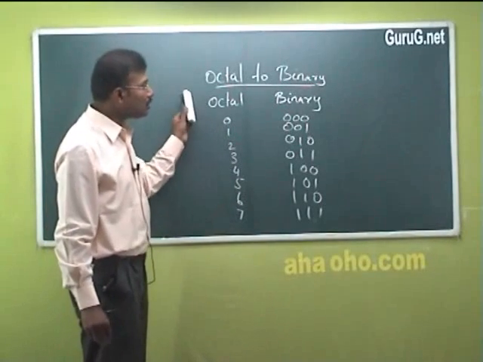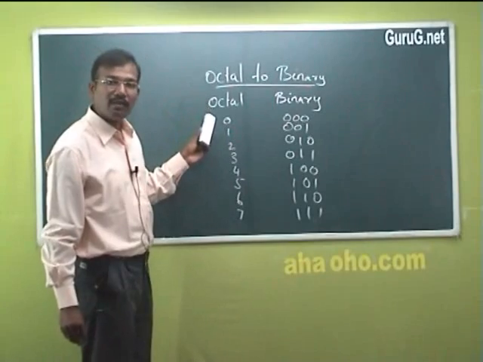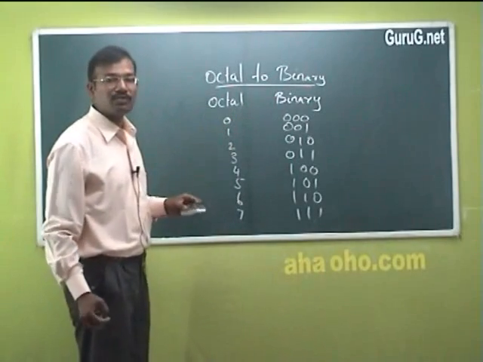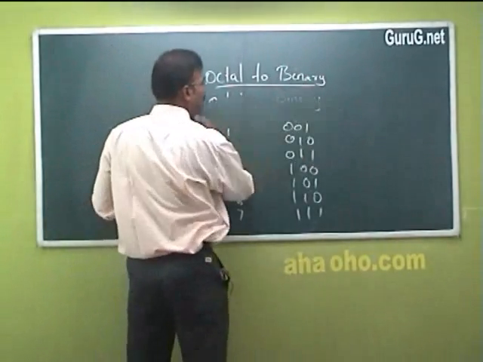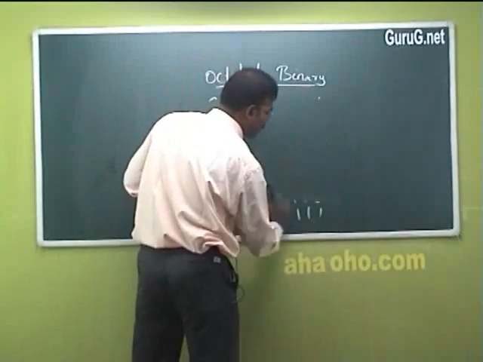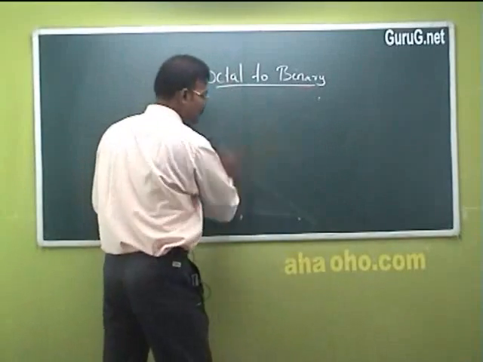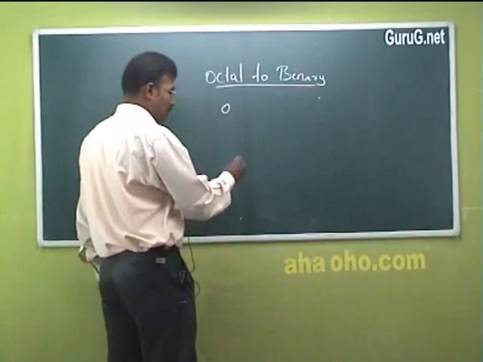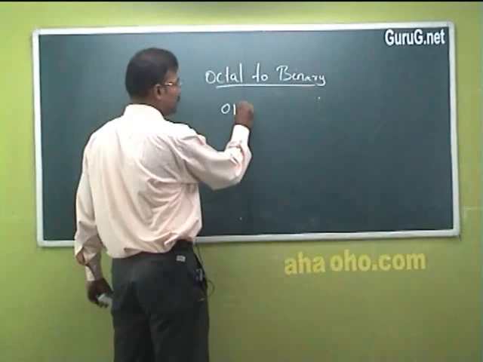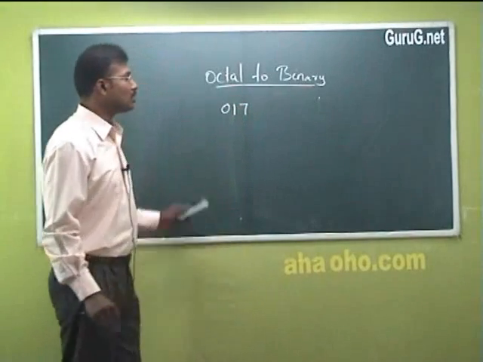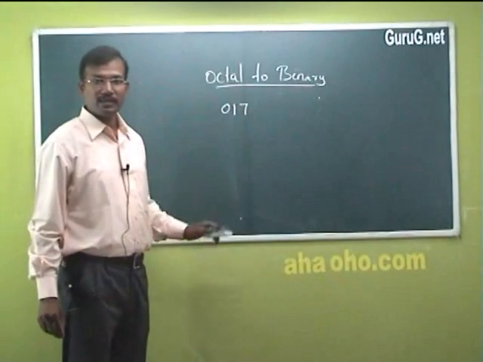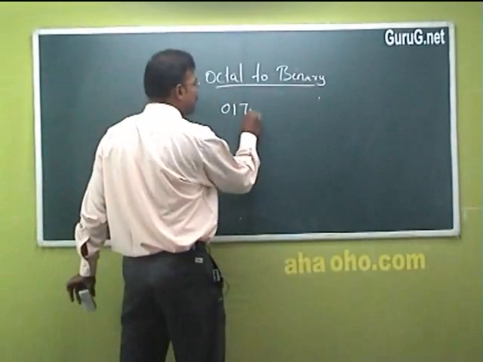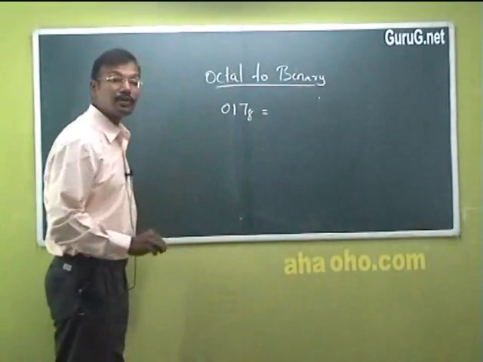And how we are going to convert a given octal value to binary, that is the next step which you are going to see. You can just see here, suppose I have an octal representation like this: 0 1 7. We need to convert it to binary.